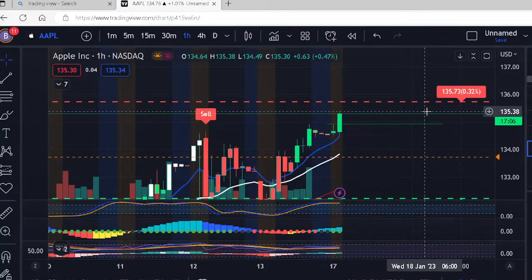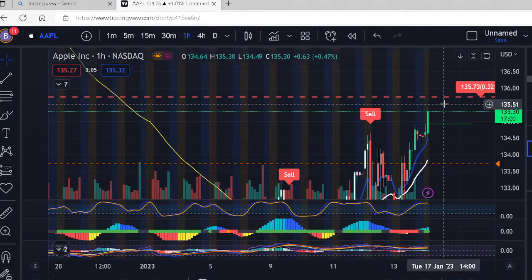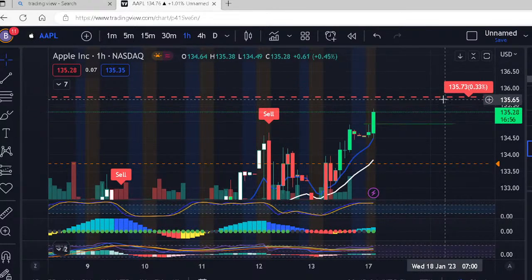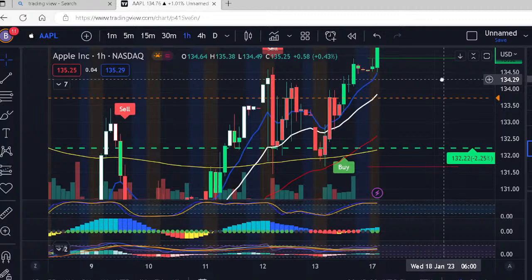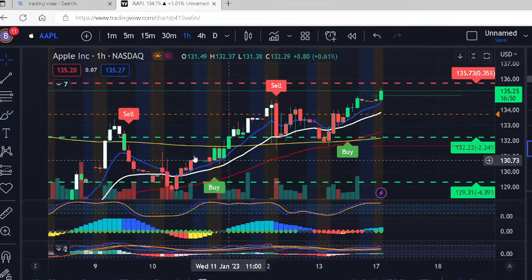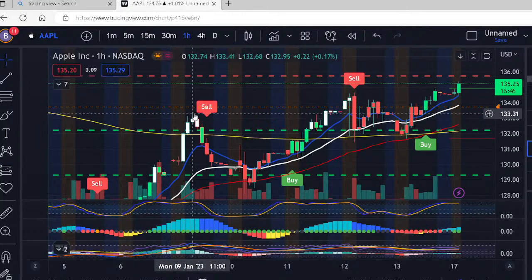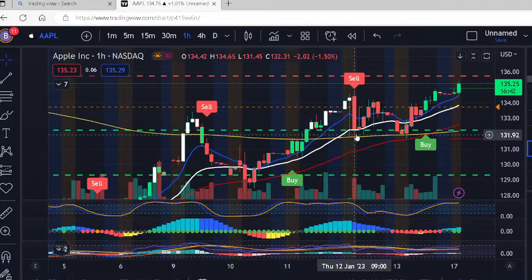Also, guys, we use the VIX and the DXY because obviously it's inverse SPY. There's a lot of resistance right here at 135.73, so that's an area to look for. As you can see, it broke above, got above the 200, but couldn't make it support. Came back, tested it, made it support.